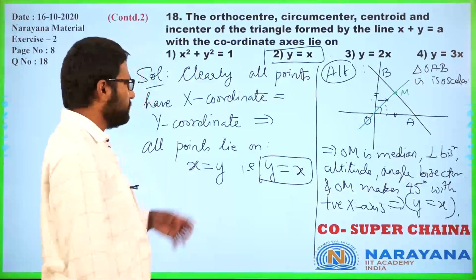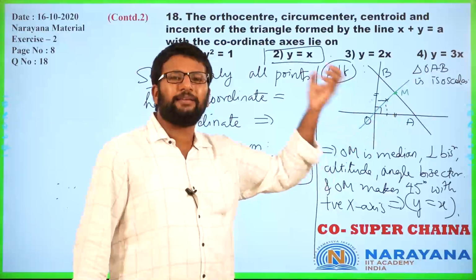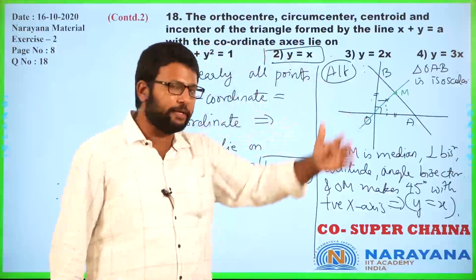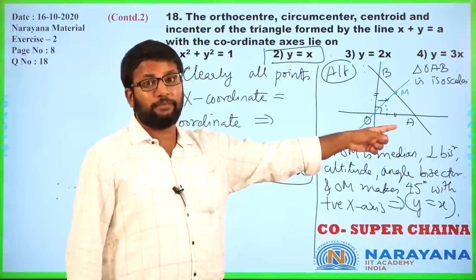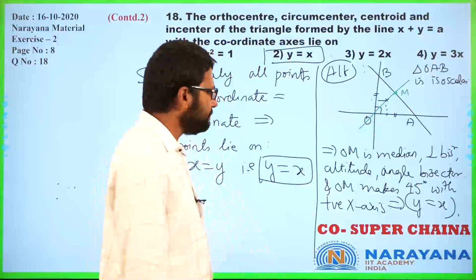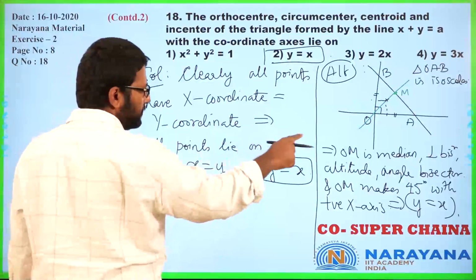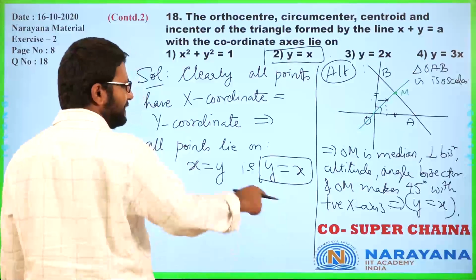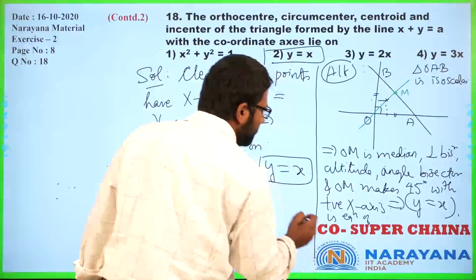Okay. Now you can do all this, or if you understand how equations are done and if you know the graph of y equal to x, which you will later, you will be able to figure this out purely based on the diagram itself. Alright. Then let us proceed. OM makes 45 degrees with positive x, which means y equal to x is the equation of OM.